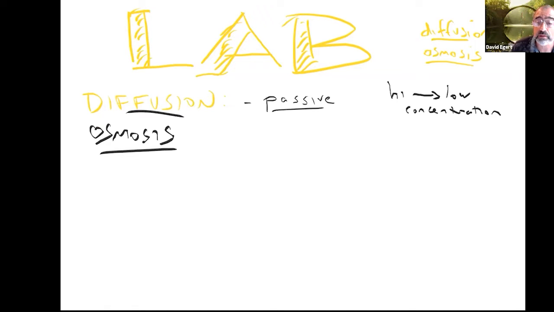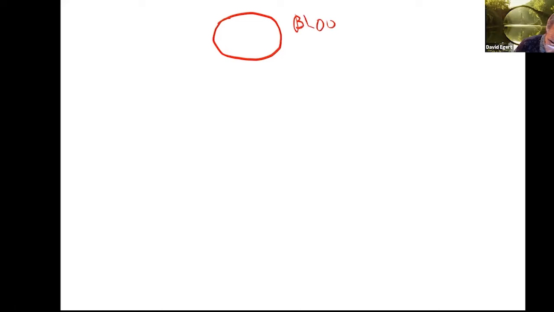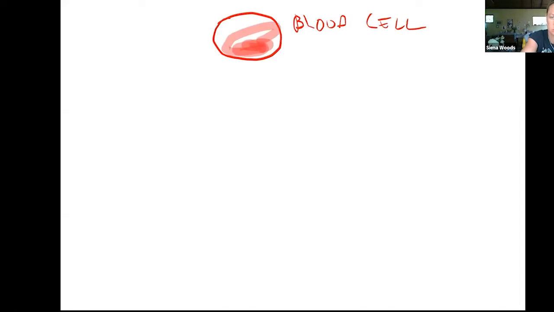It's worth talking about some terminology that we use a lot about osmosis. Let me just do that briefly here. Let's start with a blood cell. What is the osmolarity of all of the dissolved stuff inside a blood cell? 0.3.